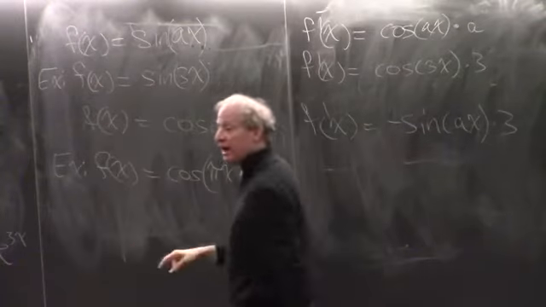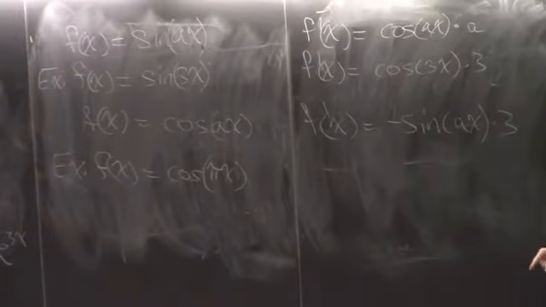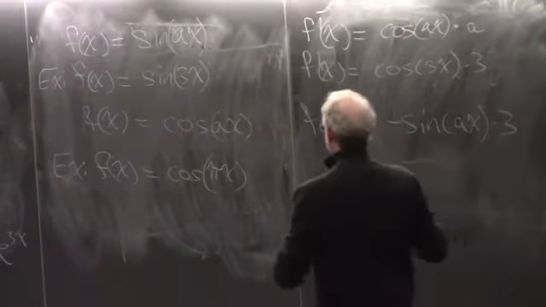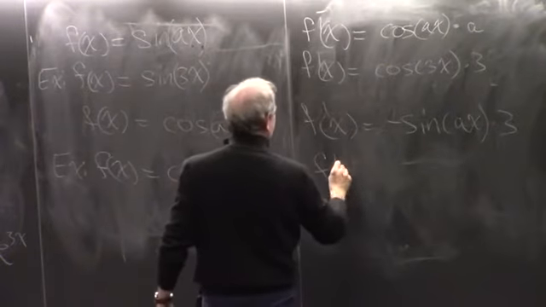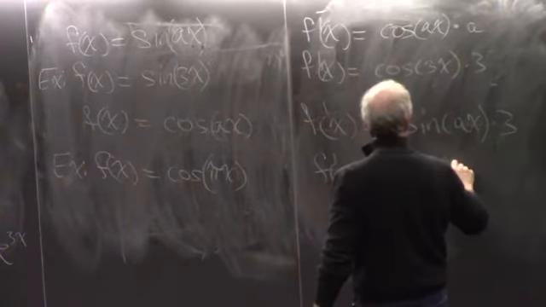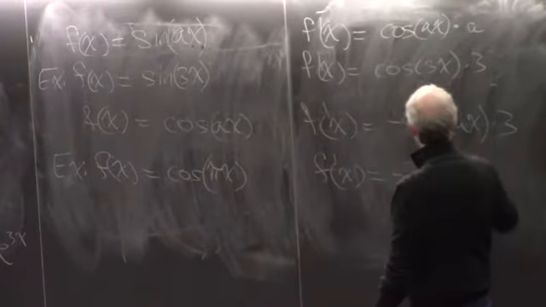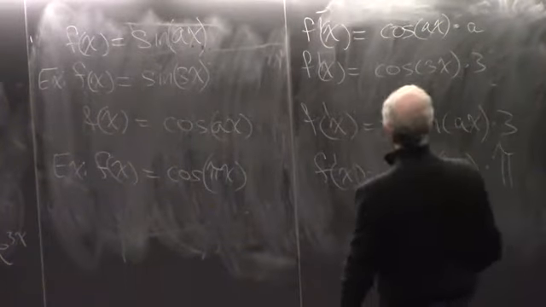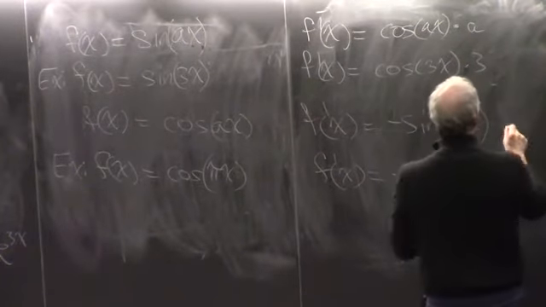By the way, we put pi in problems so that more of you will get them wrong. That's the main reason we use that letter. Okay? As soon as they introduce pi or e or pi and e, I know people are going to go down. Like, oh crap, pi. Alright, so this is minus sine of pi x times the derivative of pi x, which is pi. Okay? Why would I write 3 there? It should be an a.